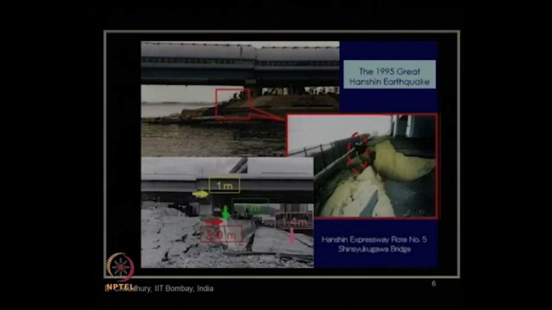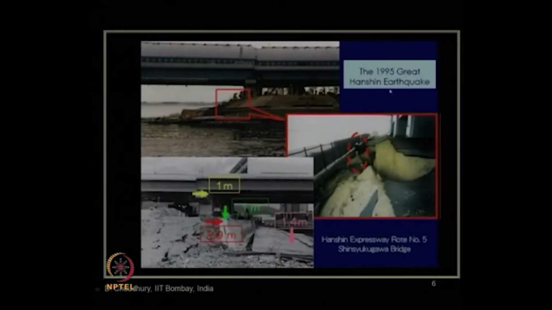We have also discussed in the previous lecture about the geotechnical damages due to liquefaction and lateral spreading, which ultimately damaged the superstructure also after this 1995 Kobe earthquake in Japan or the great Hanshin earthquake. So, you can see in this picture, this is the bridge abutment.